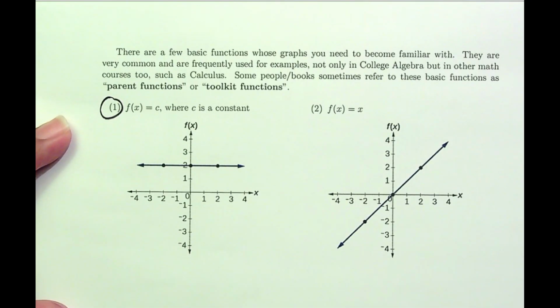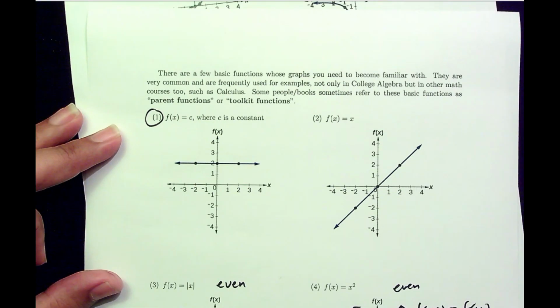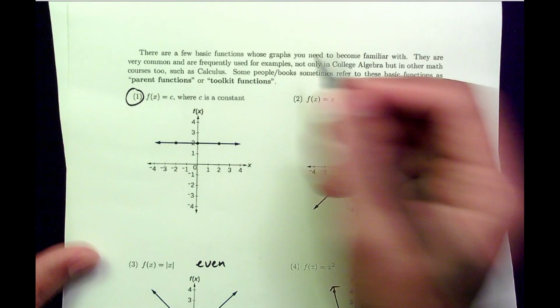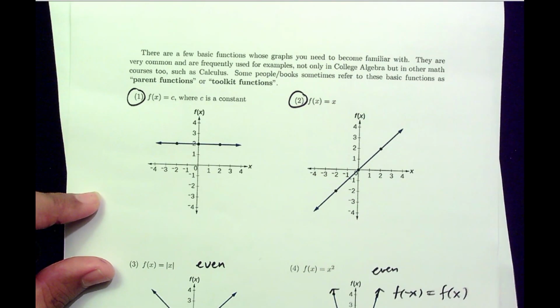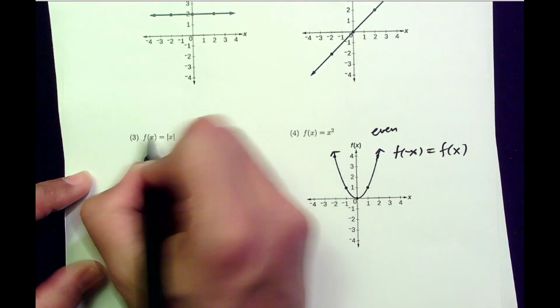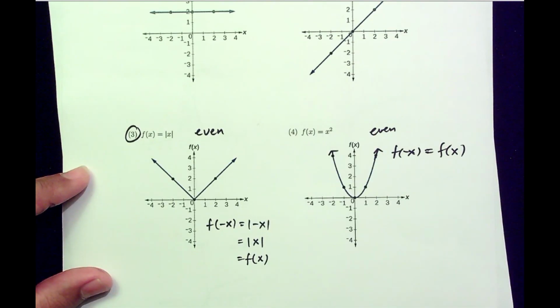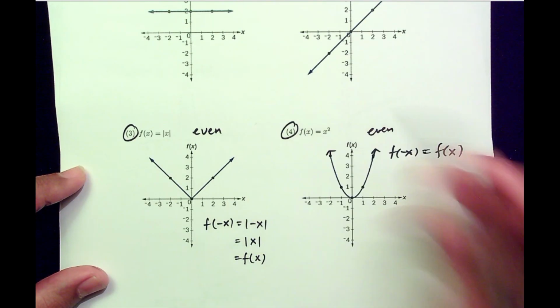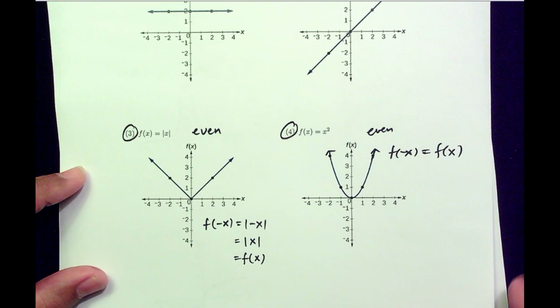One, constant functions. You should know that constant functions look like horizontal lines. This one, you should know 3 and 4, the graph of the absolute value function and the graph of the squaring function. That's a parabola.